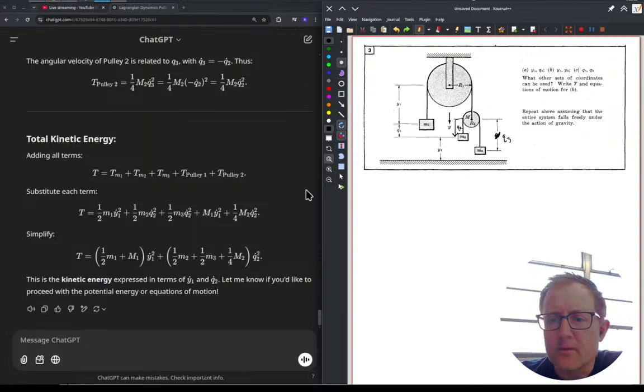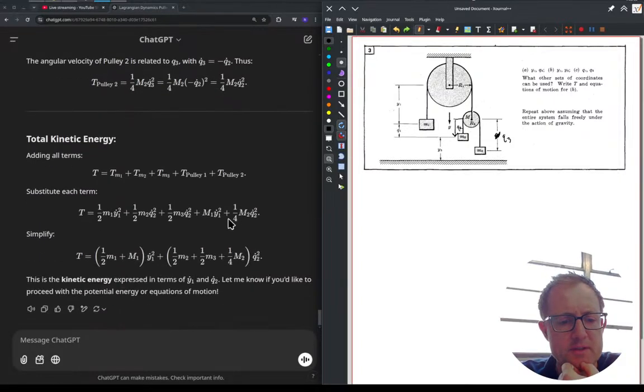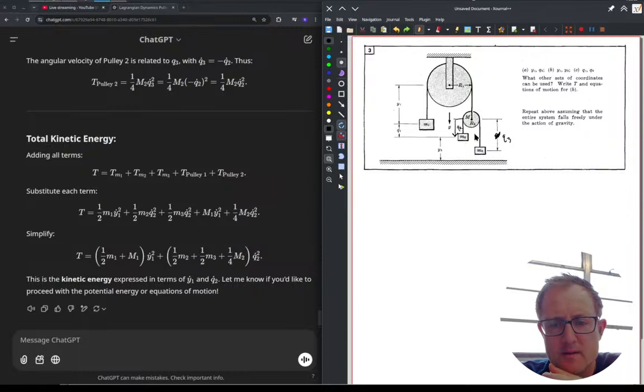And let's see, we have little m1 y1 dot squared, and then big M1, so the disk, it looks like that capital M1 is disk motion, and both of those should depend on that, and then little m2 for Q2, and then little m3 for Q2.